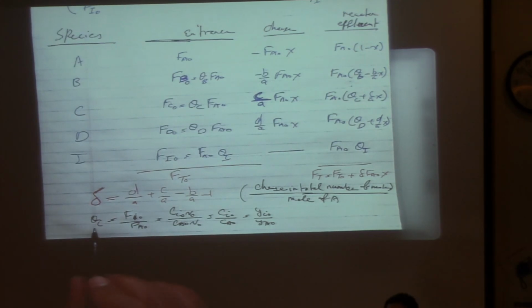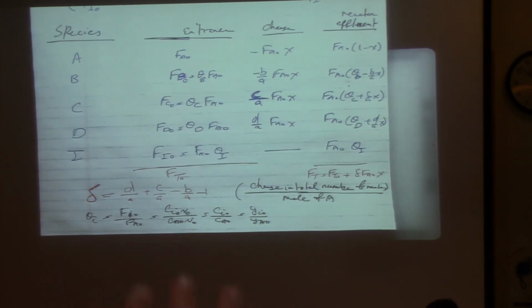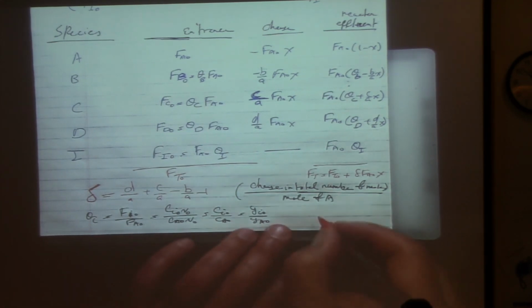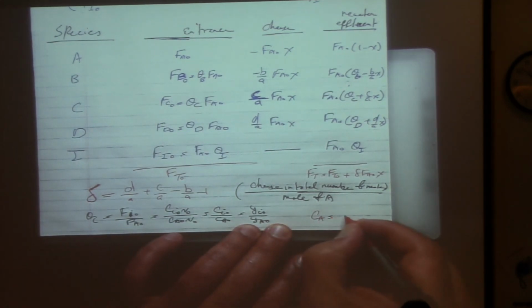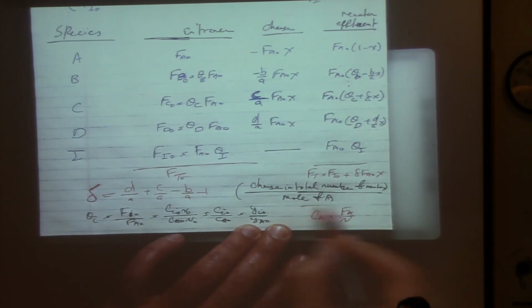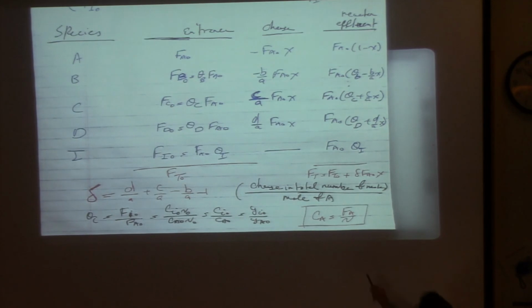So that's the definition of theta I. It is the same for the batch system versus the reactor system. And also the concentration is FA over the volumetric flow rate. If you are in the flow system, the concentration is the mole flow rate over the volumetric flow rate.